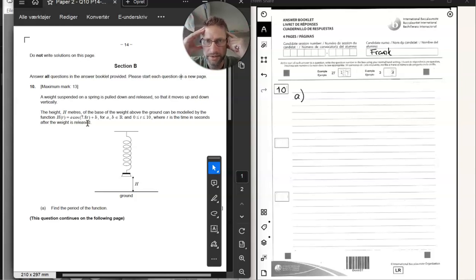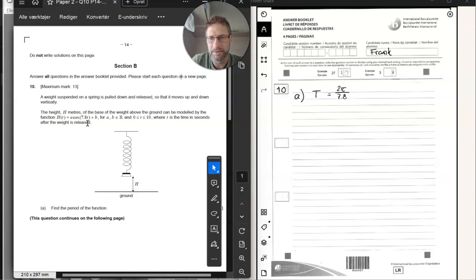If the number is 1, then the period is 2 pi, and if the number is larger, then the period is going to be 2 pi divided by this number, because these horizontal transformations work sort of the opposite way to what we imagine. If we multiply by 7.8, we're not stretching the graph, we are squeezing it by a factor 7.8. So for question A, it's just a matter of saying that the period T is equal to 2 pi divided by 7.8.